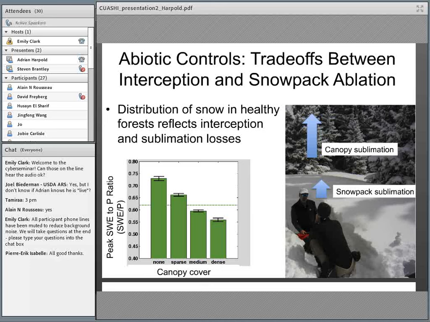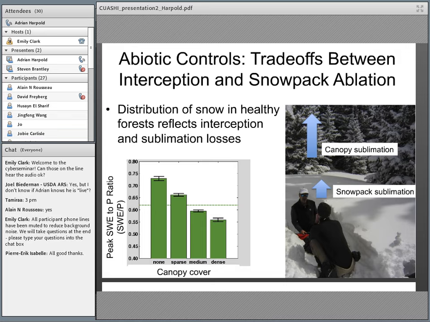And this simple figure here from just one site in a healthy forest is illustrating that. As you go to a denser canopy cover, you see less snow. I'm showing that as your snow water equivalent to precipitation ratio, or SWE to P. Of all the winter precipitation that fell, only about 45% remains in a dense canopy. So presumably, canopy sublimation via interception is a major control in these dense forests.